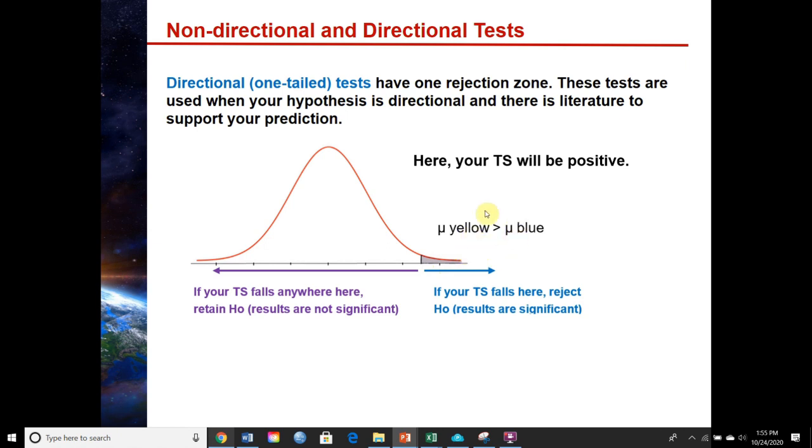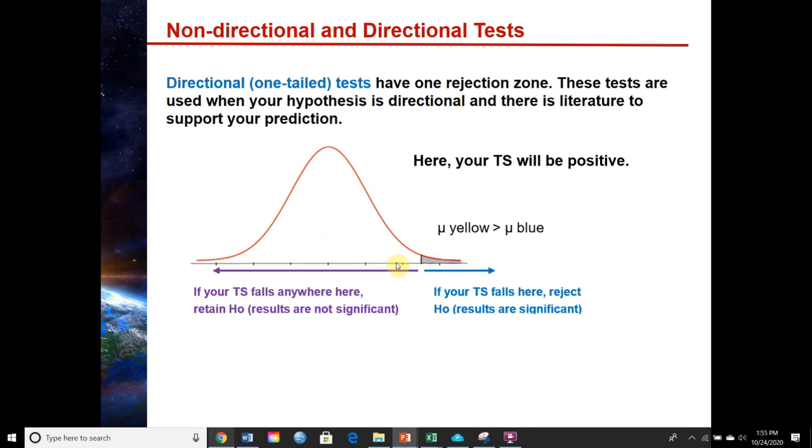Okay, so don't get too hung up: am I in the right tail? Again, are your X bars in the same direction as what you predicted? All right, so if that's the case, then your TS is here, and you can reject H0, and you can say your results are significant, etc., etc.